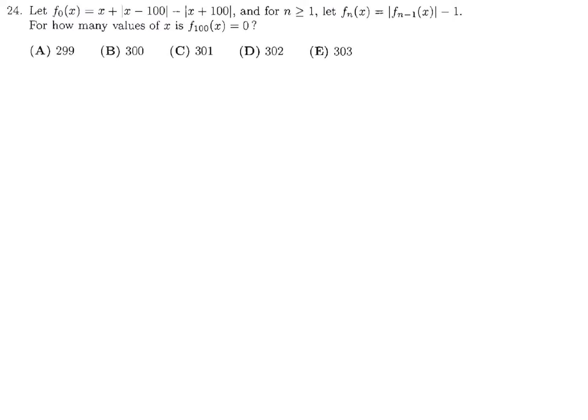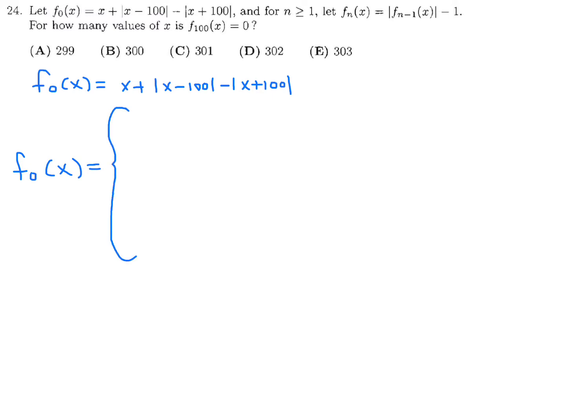First, let's look at this equation right here. f at 0 is equal to x plus the absolute value of x minus 100 minus the absolute value of x plus 100. Now obviously there's going to be some intervals, so let's figure out what this is going to be for each of those intervals. The first interval is when x is less than negative 100.